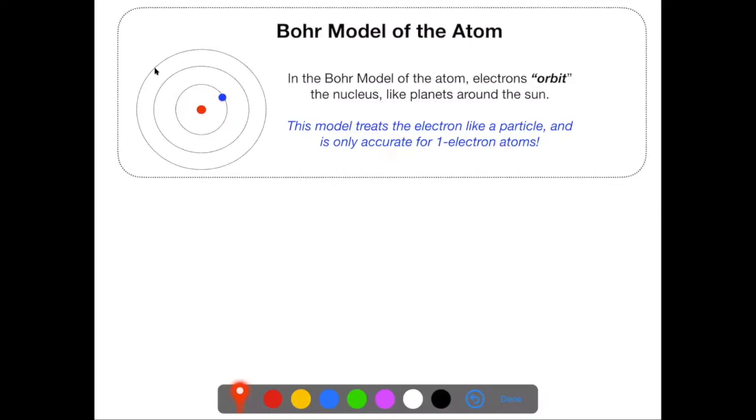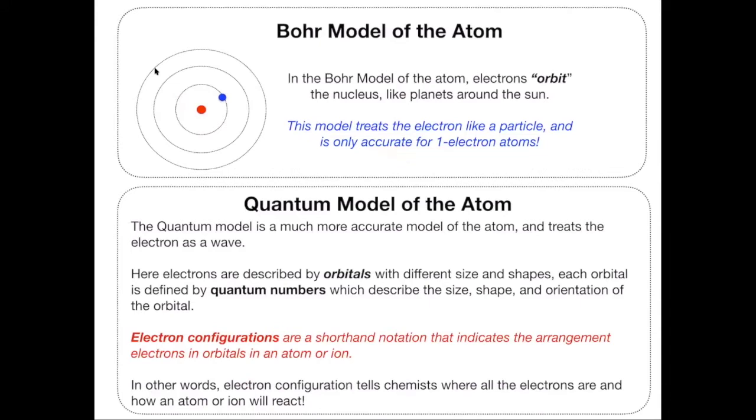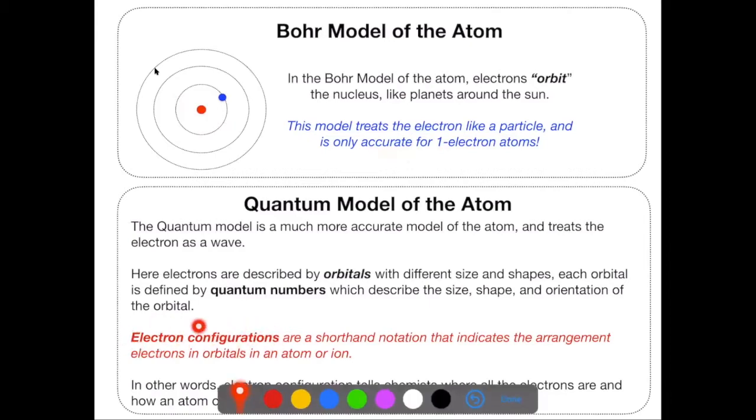A more complex and a more accurate description of the atom has to do with the quantum model of the atom. We will only touch the surface of the quantum mechanics involved here. Really, we're just going to look at the results, and that net result is the electron configurations that we'll see. A couple things to know.